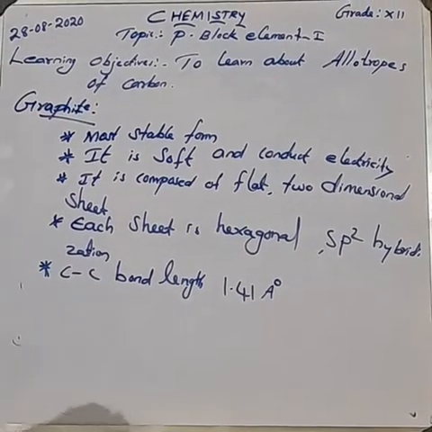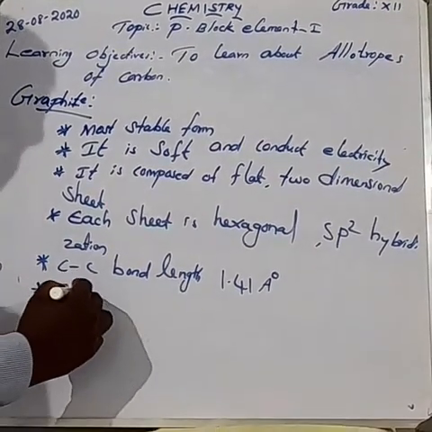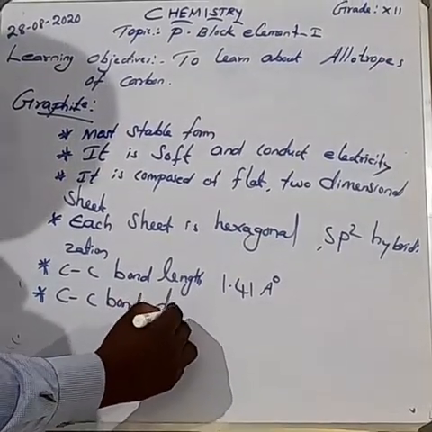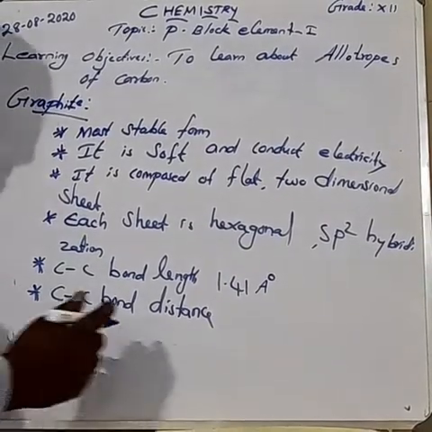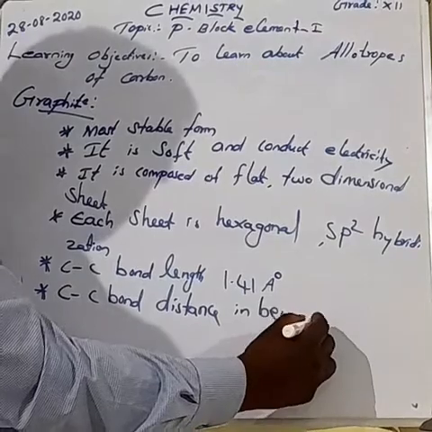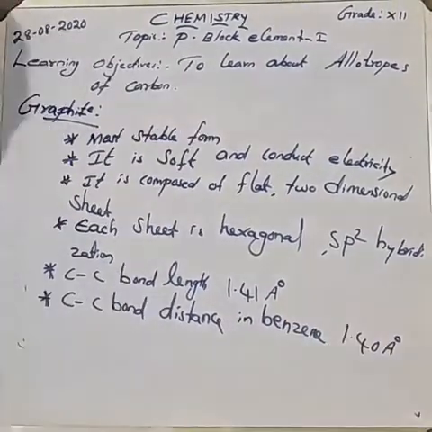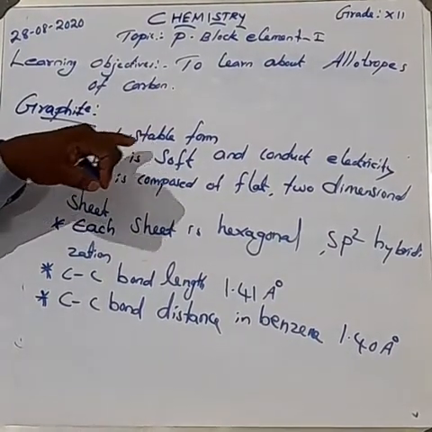And the carbon-carbon bond distance in benzene is 1.40 angstrom.